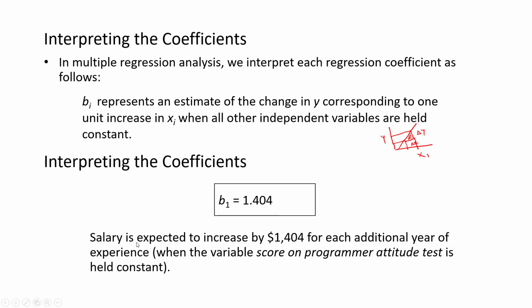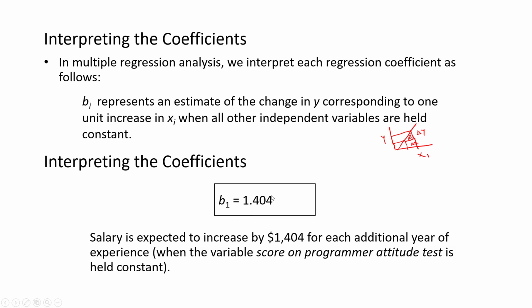So beta 1 is 1.404, which we calculated using the regression function in Excel. When you multiply this by 100, salary is expected to increase by $1,404 for each additional year of experience. So you can see this is the comparison of salary with the independent variable x1, which is the experience.